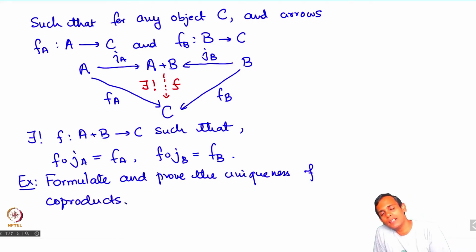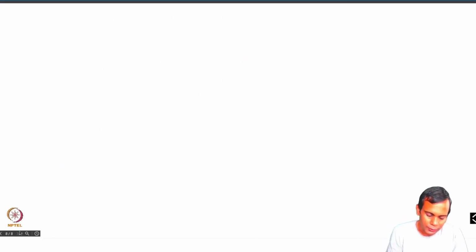In general, coproducts or products may or may not exist, but when they do exist, they are unique in a certain sense. So you have to figure out the analog of the uniqueness statement of products for coproducts.